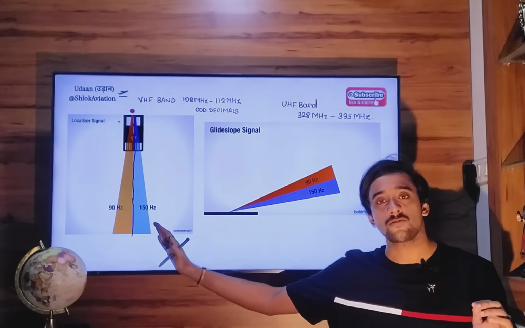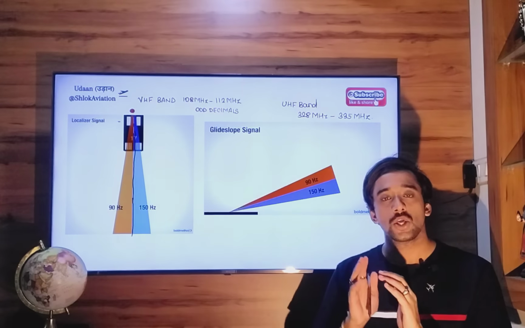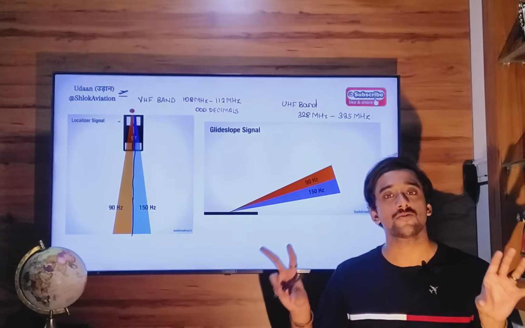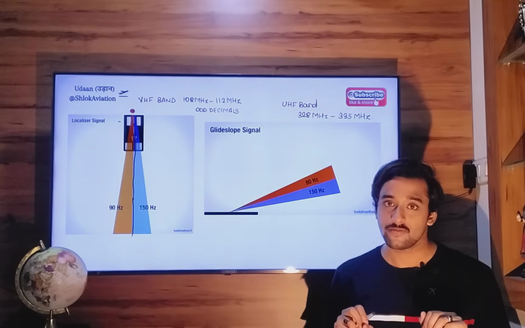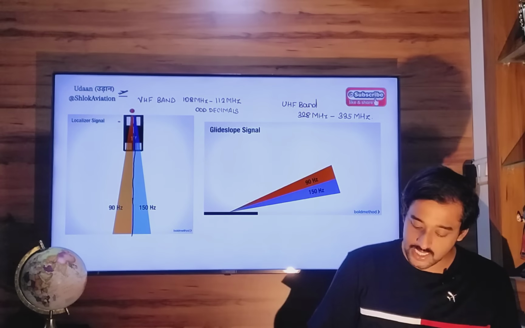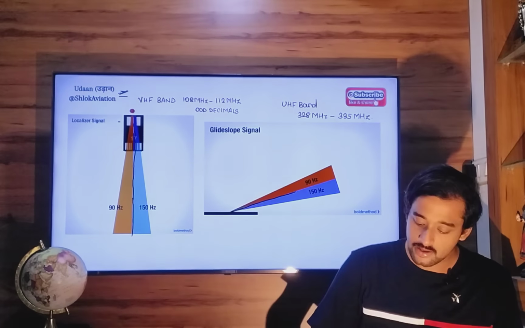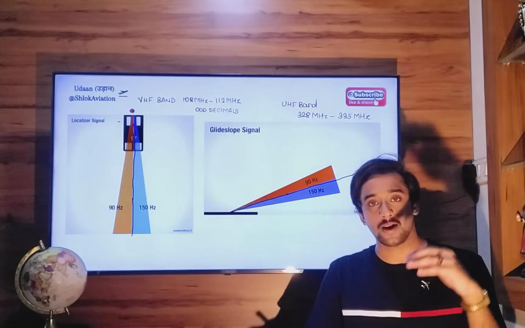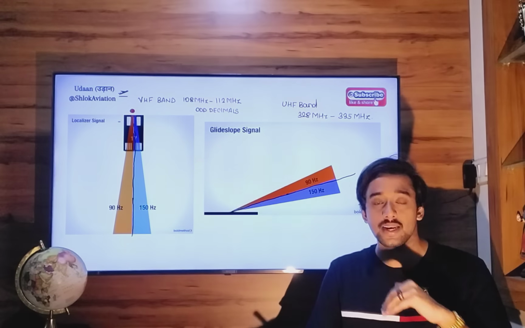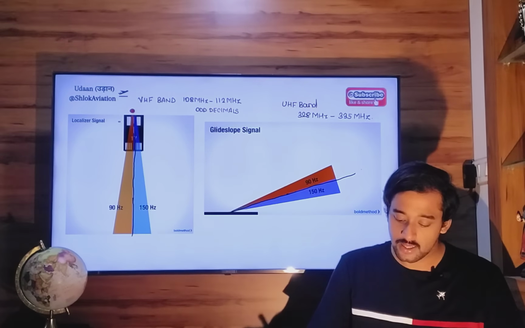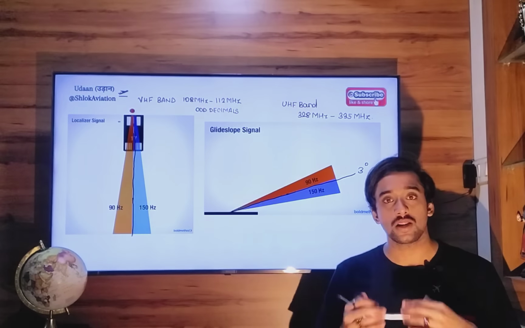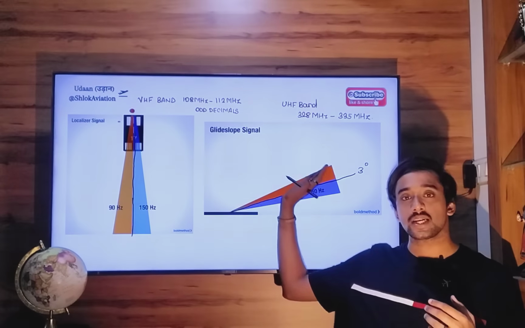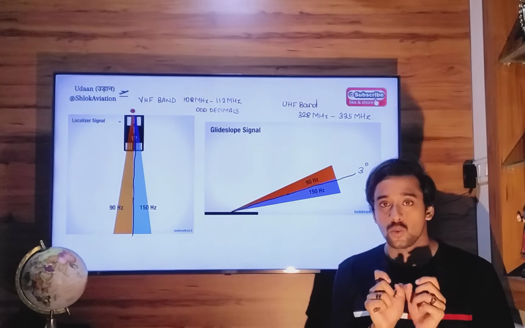When you are flying exactly the center line of the runway, you will receive both signals equally. Similarly, when you are established right on the standard 3-degree glide path, your aircraft will receive both 90 hertz and 150 hertz signals equally.